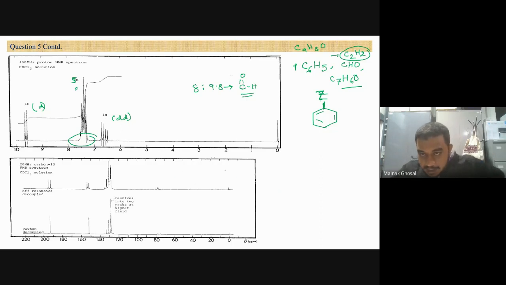Instead, you can see that CH2 is also possible here, where these two are the other two substituents. This is also CH2, right? In benzene, since only one substituent is there, from here there is some CH2 kind of thing.